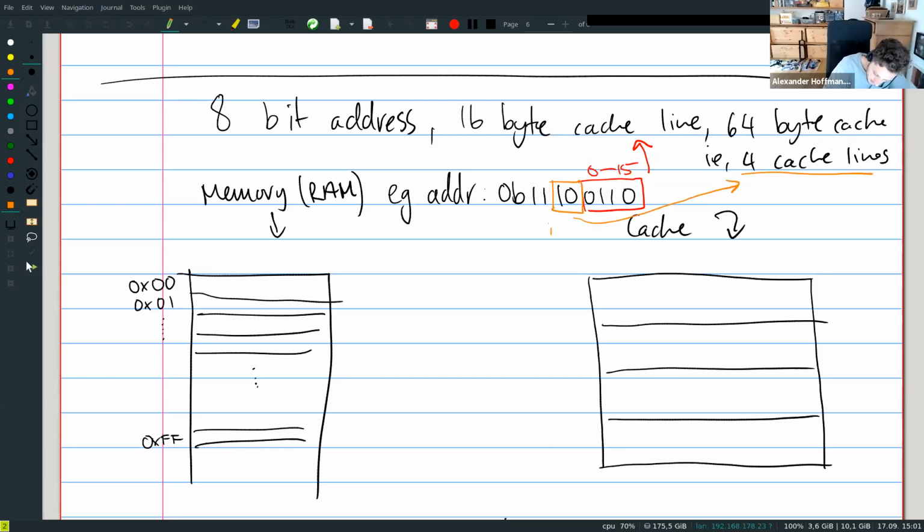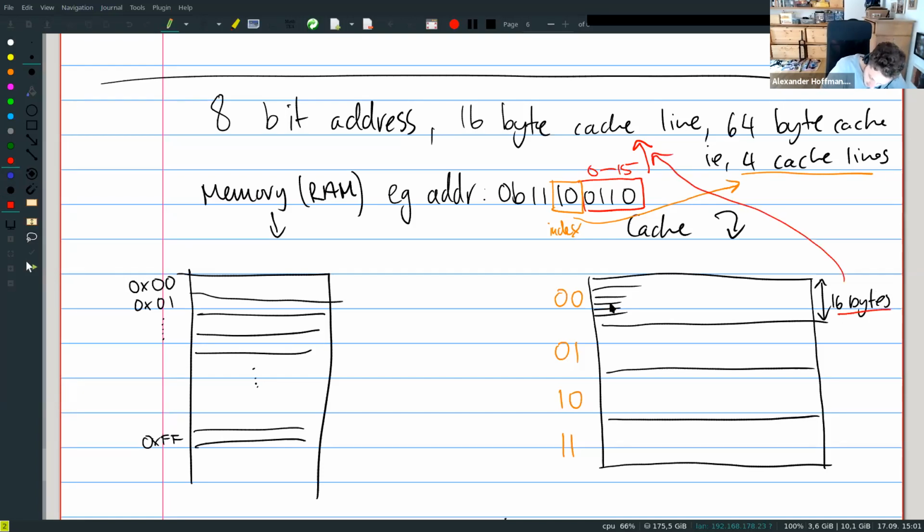This is the index, meaning we'll have the cache lines 00, 01, 10, 11. In each one of these, this will be 16 bytes. And this is coming from this again.